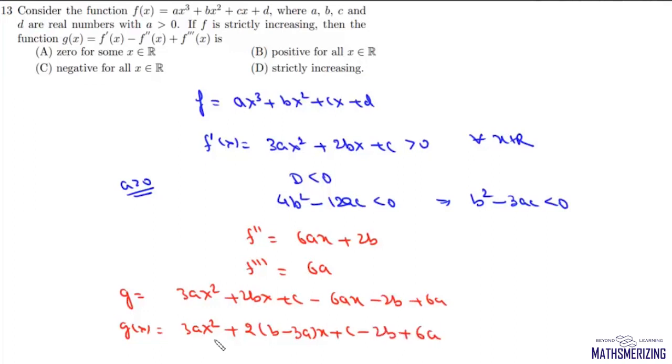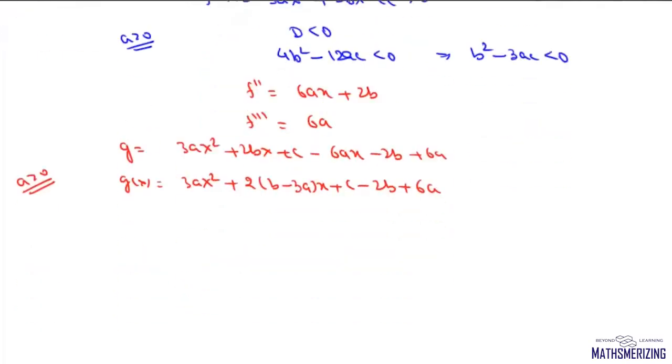Now this again is a quadratic expression with a greater than 0. So in order to find the nature of this quadratic expression, again we'll write its discriminant D, and D will be 4 into b minus 3a whole square minus 4 into 3a into c minus 2b plus 6a.